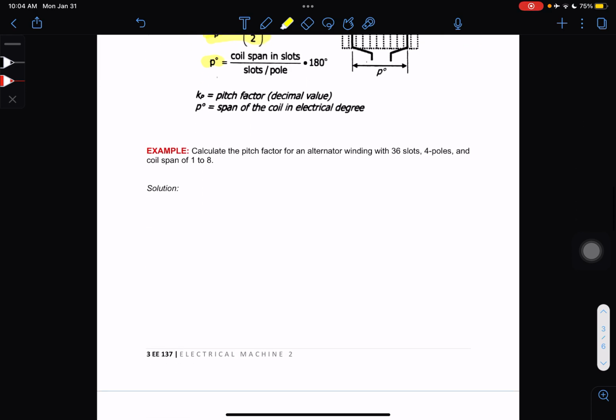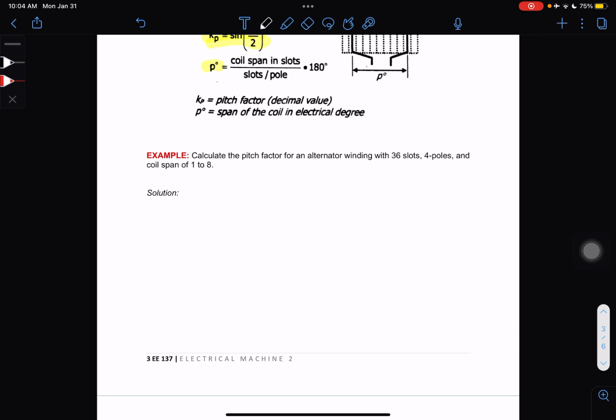So let's have an example. Calculate the pitch factor for an alternator winding with 36 slots, 4 poles and coil span of 1 to 8. So let's draw our coil span.